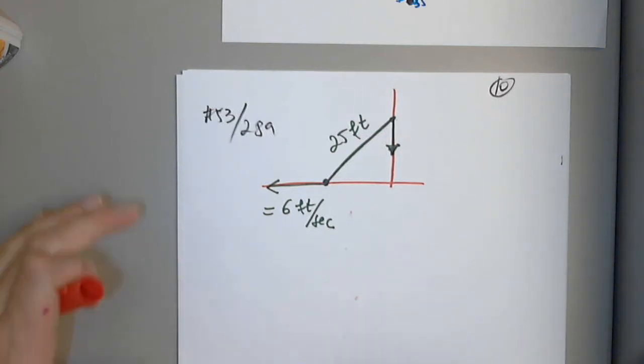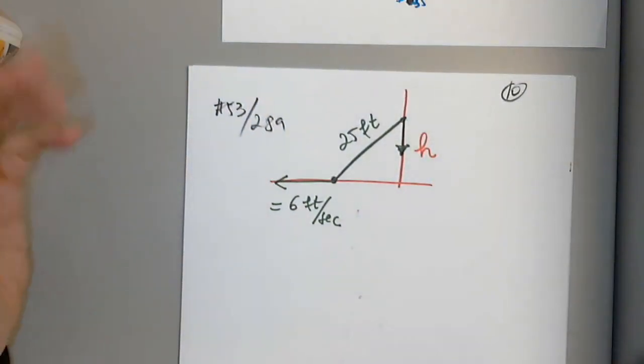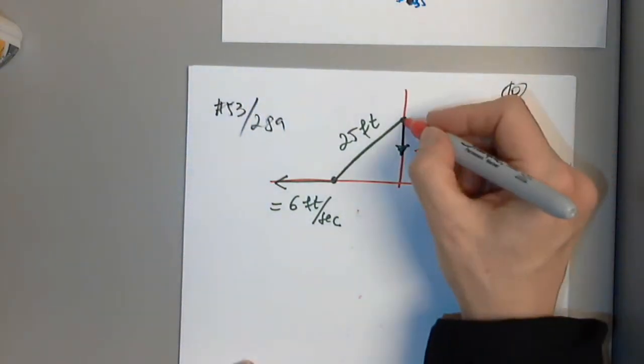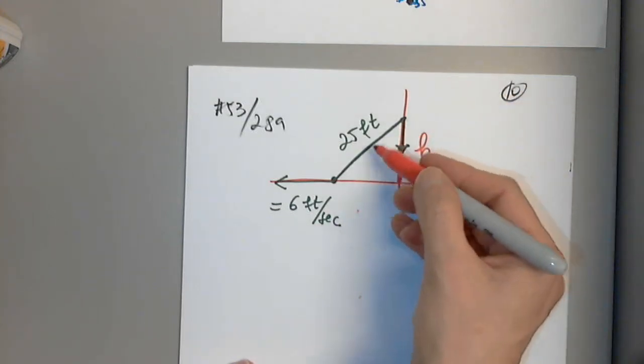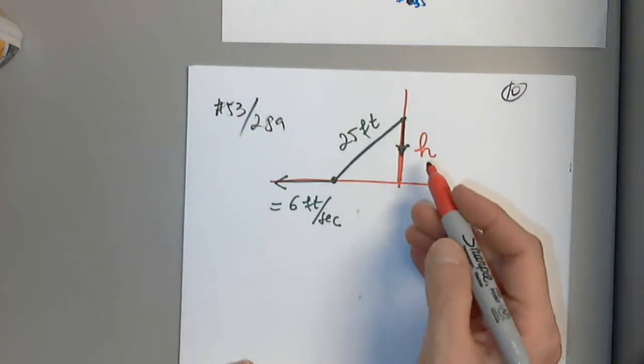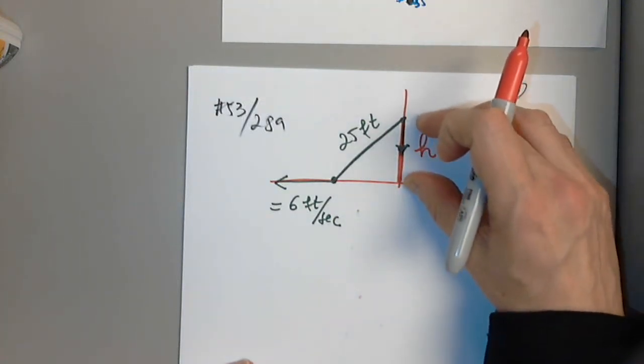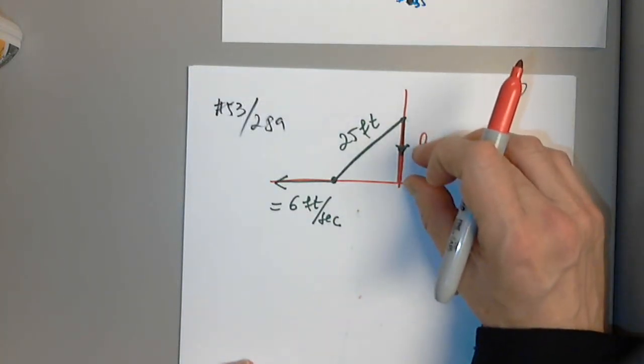So I need a ladder here. I'm going to say this is H. Initially, it's this. But once the ladder slides away from the wall, I hope you agree that this height becomes smaller.